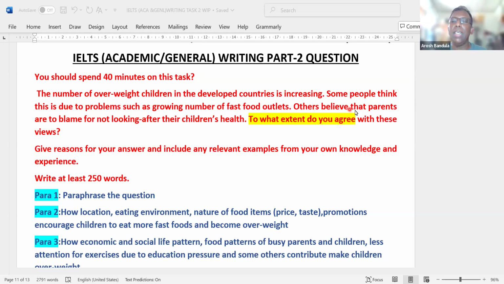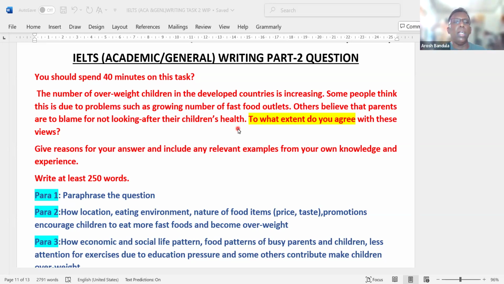Then others believe that parents are to blame for not looking after their children's health. Now very clearly there are two sides. Why? Because this is a to what extent do you agree type of question. The core issue is overweight children in developed countries.